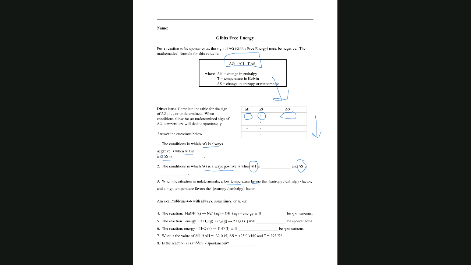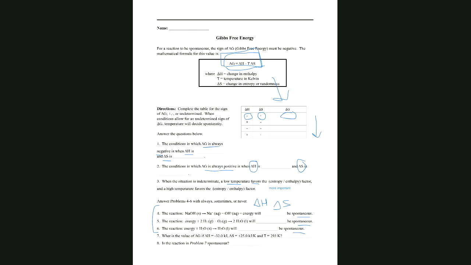Then for questions 4 through 6, what you're going to do is say whether the reaction is always spontaneous, never spontaneous, or sometimes spontaneous. So in order to do that, you're going to have to say something about what you think the enthalpy is and what you think the entropy is. And then you're going to combine those together using the Gibbs free energy equation to figure out if it's going to be negative or positive.